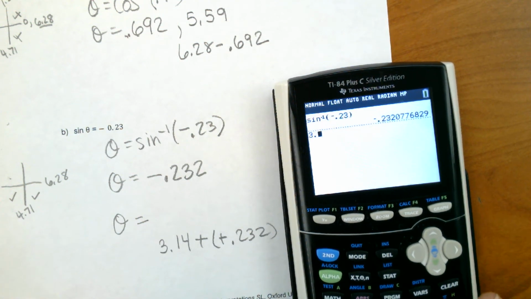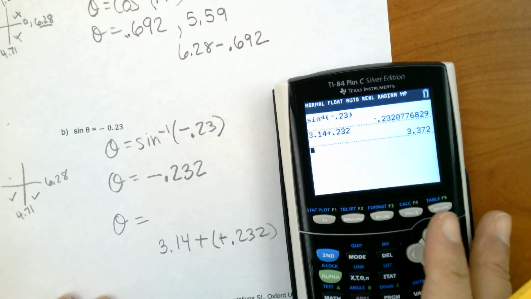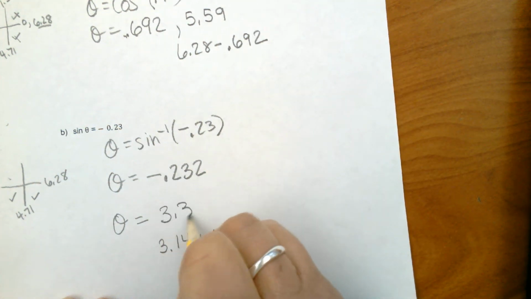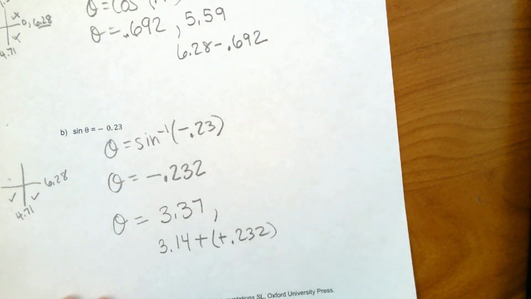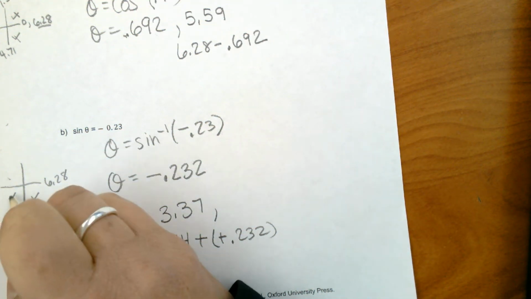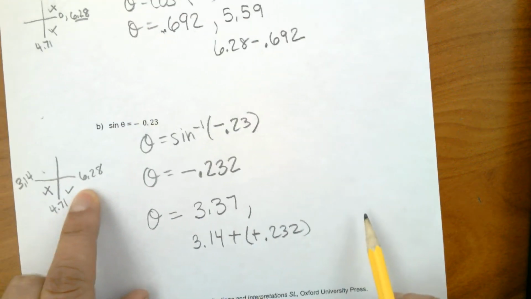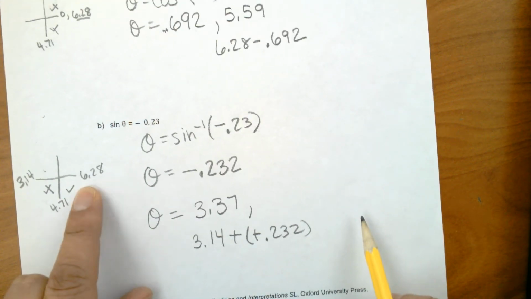So 3.14 plus 0.232 is 3.372. I'm going to round this to 3.37. Perfect. And now I got that one, and now I need it less than 6.28 but greater than 4.71, so I need it here.